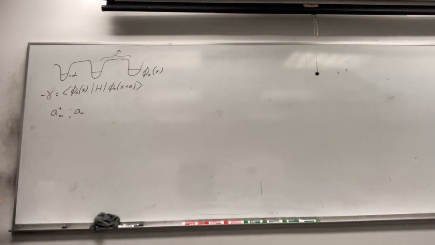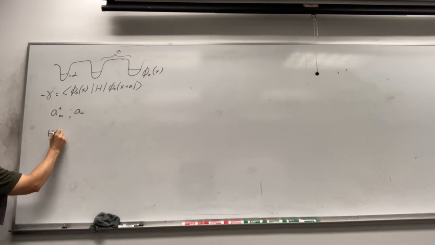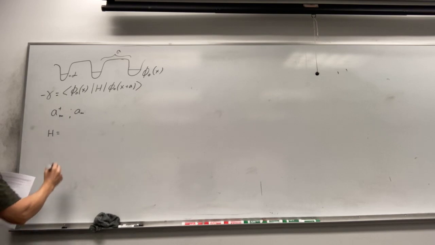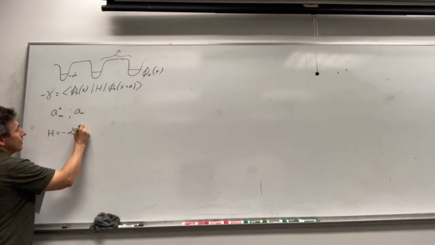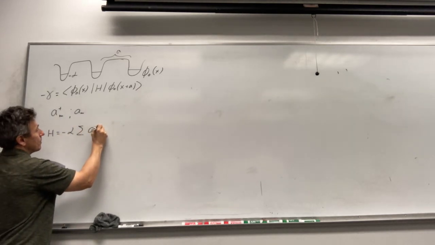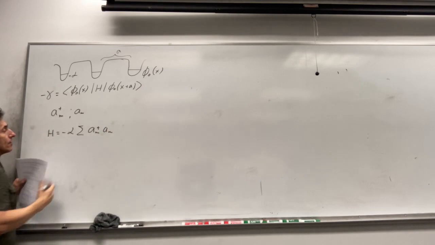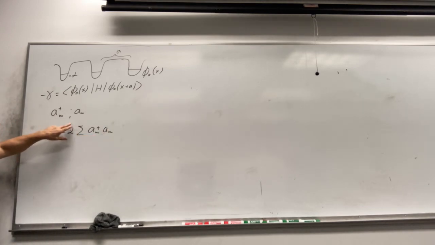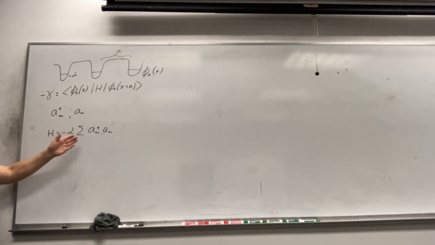Then the Hamiltonian of the system within this tight-binding model, the so-called tight-binding Hamiltonian, is easier to write down in the second quantization approach. First will be minus alpha, sum over a m plus a m. It's an electron localized at a given site m, and this is the energy of the site. So it's a diagonal term.